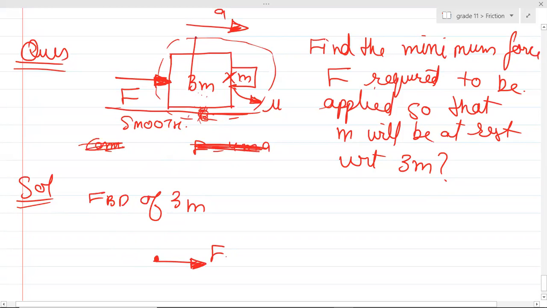Now what is the normal reaction due to the ground on this 3M? Let's name it N2. And now this M will be pushing this 3M in this direction. Let's name it N1. And mg is also there.